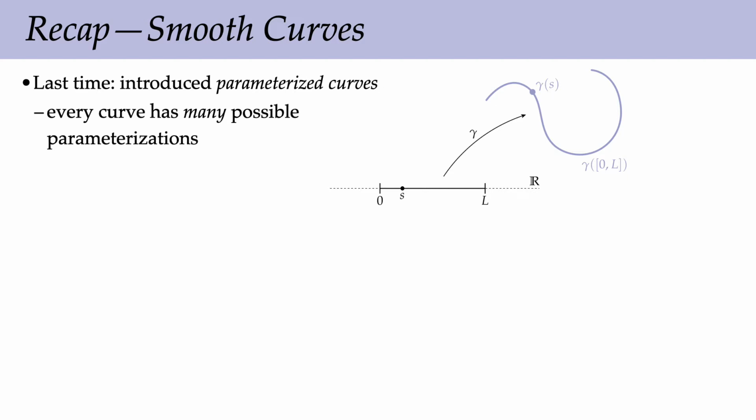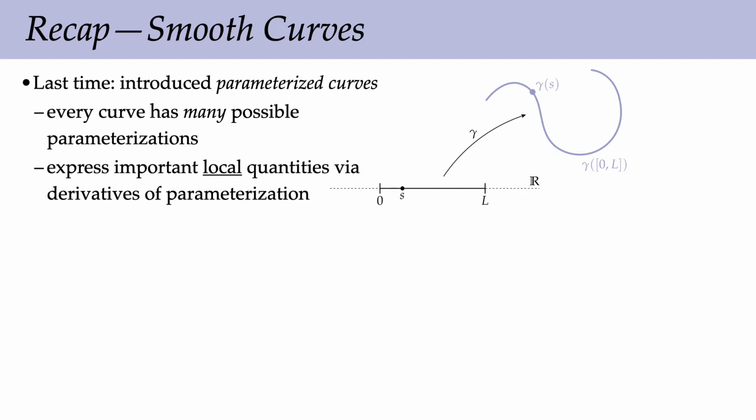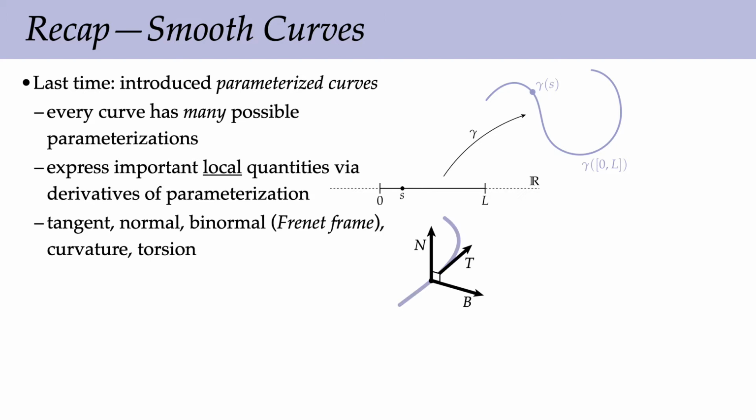One basic reason why we use parameterized curves often in differential geometry rather than other descriptions of curves is that it becomes very easy to express important local quantities like tangents and normals and binormals and curvatures and torsions in terms of derivatives of this parameterization function.